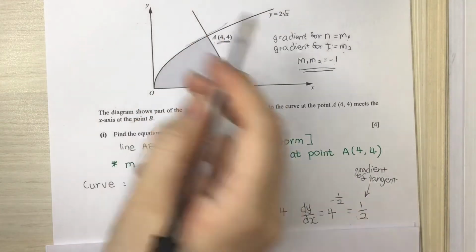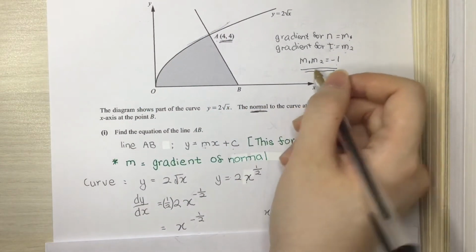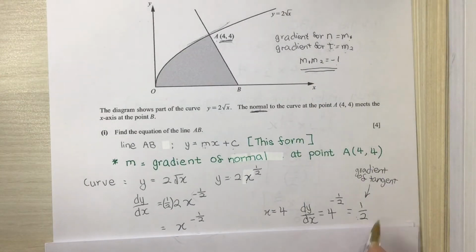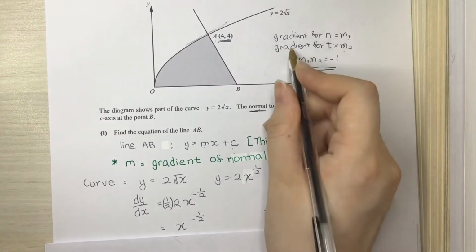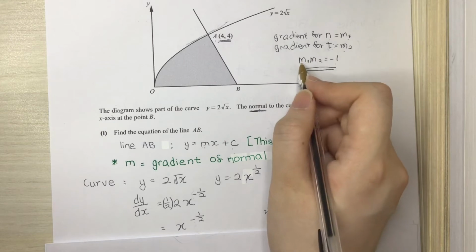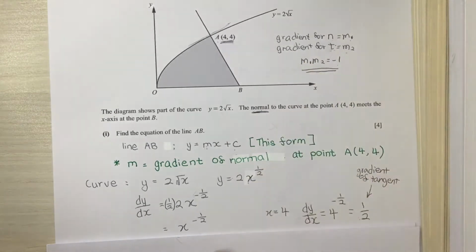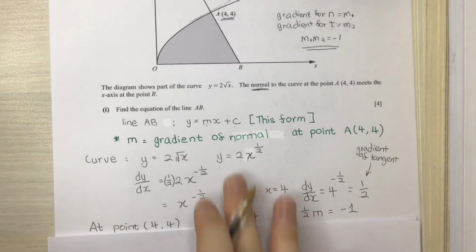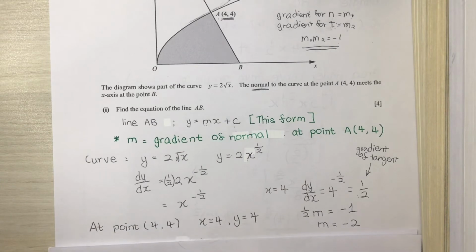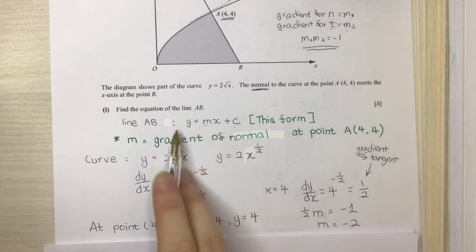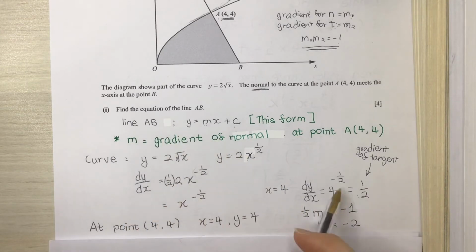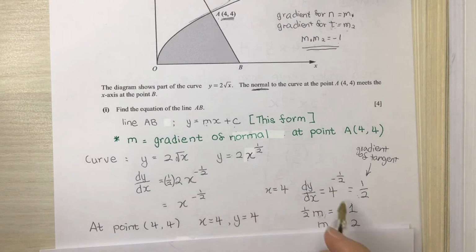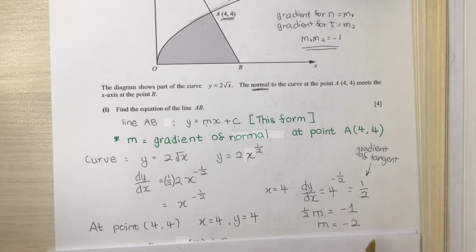So you have to make use of this equation, where you substitute 1/2 into the m2, the gradient of the tangent, to find the gradient of the normal. Sub in your 1/2 into the m, and you will find the gradient for the line AB, which is -2.